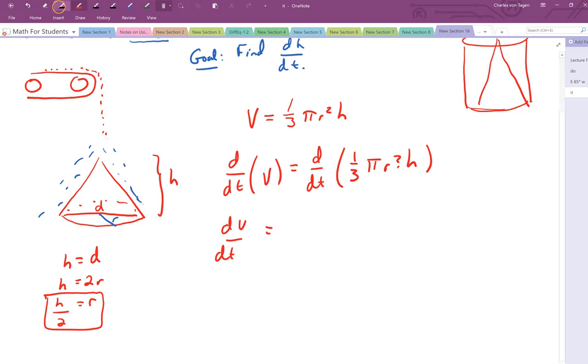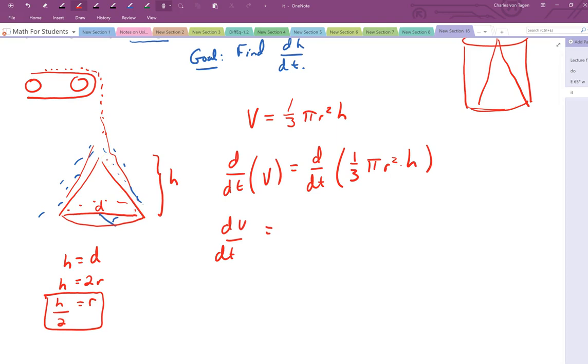Careful, that looks a little bit funny. That's an r squared. Let me clean that up. Unlike the cylinder before, both r and h are changing. As this gravel pile forms, the radius of the cone increases as well as the height. So both are changing.